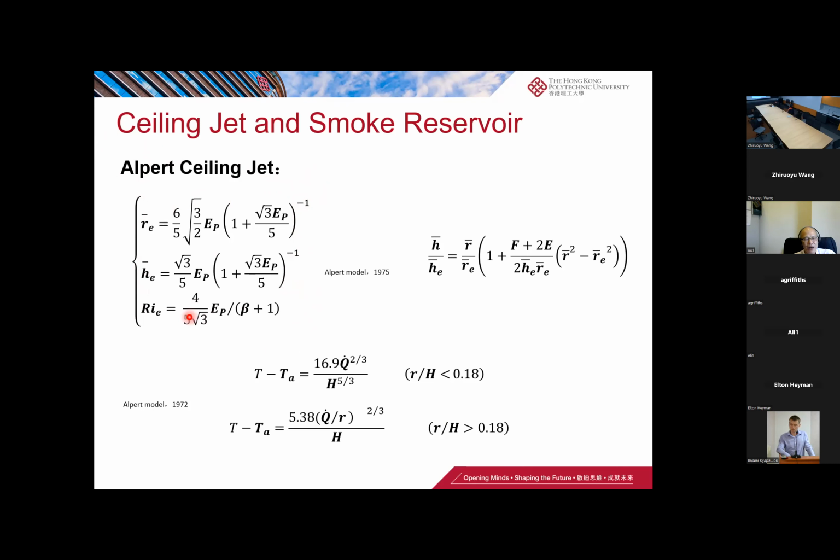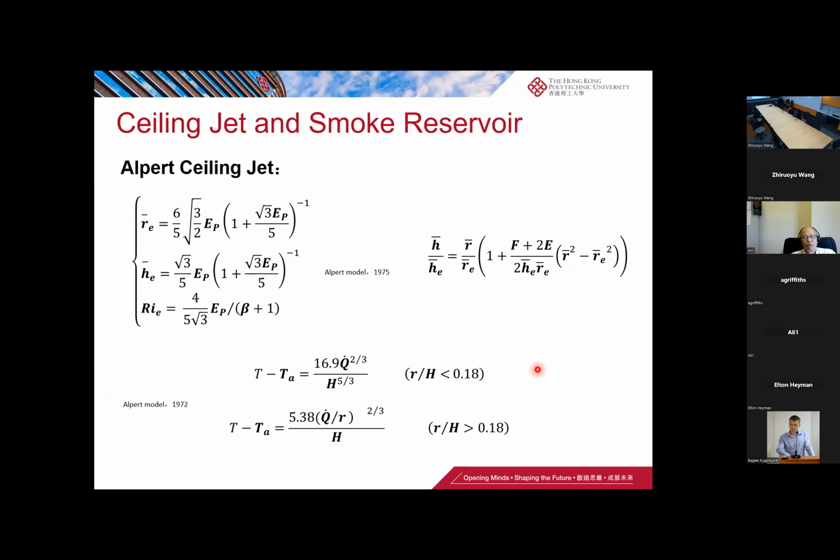And replacing this boundary condition into this equation, we can actually plot the curve to see how smoke moves under a flat ceiling without confinement. This set of equations is also the Alpert model to predict the temperature of the smoke.